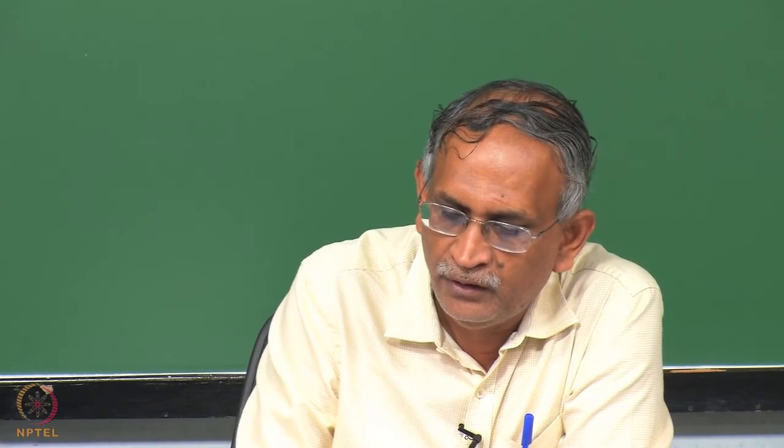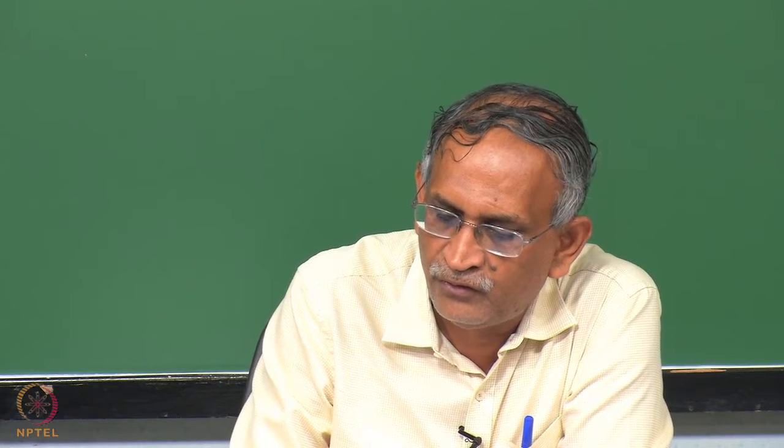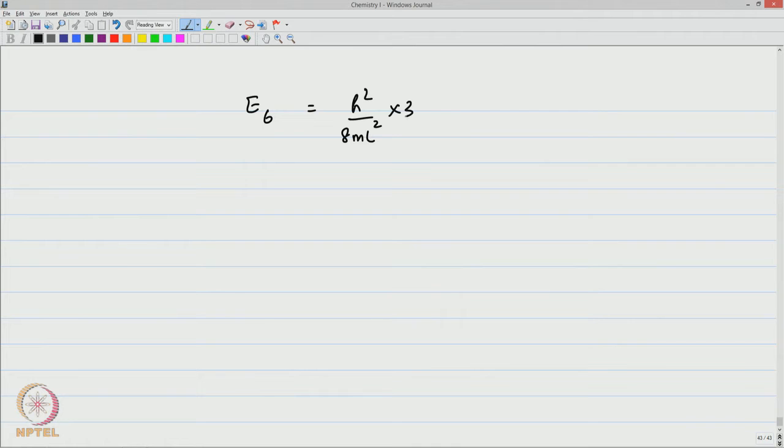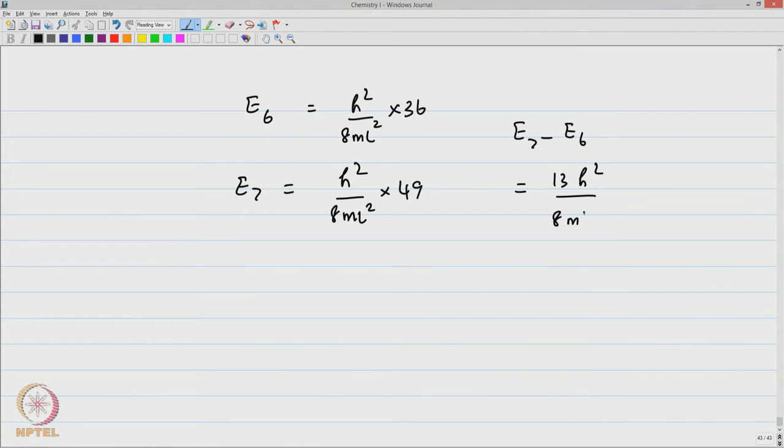It is very simple, because you know the energy level expression for the particle in a box. E6 is h square by 8 m L square into 36, and E7, which is unoccupied, is h square by 8 m L square into 49. Therefore, the difference between E7 and E6 is 13 h square by 8 m L square. m is the mass of the electron.